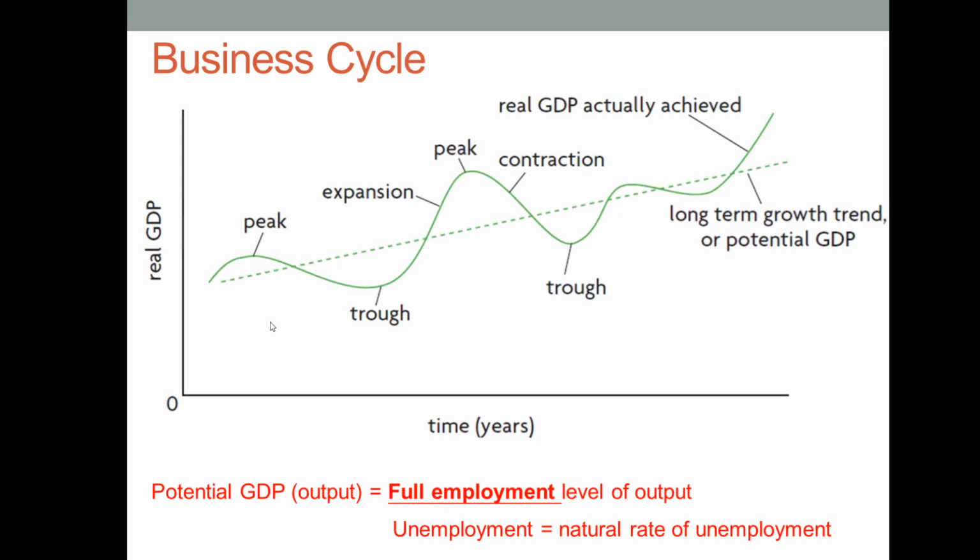This is the real output, or real GDP, that your economy actually achieved. So this is the potential one, and that is the path you are really going. Imagine there are two freeways going to the same destination.